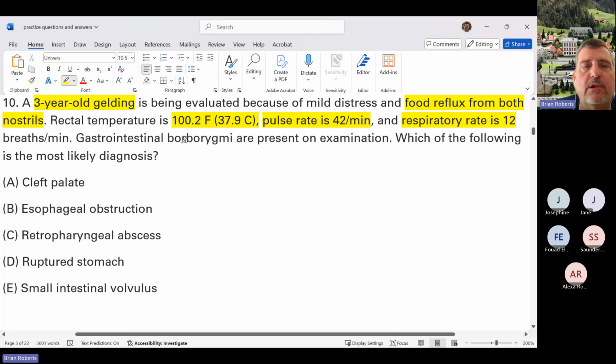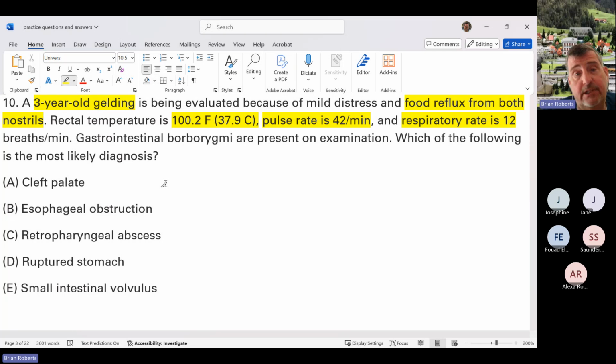Okay, so we have normal gut sounds, it sounds like. Which of the following is the most likely diagnosis? Cleft palate, esophageal obstruction, retropharyngeal abscess, ruptured stomach, or a small intestinal volvulus.